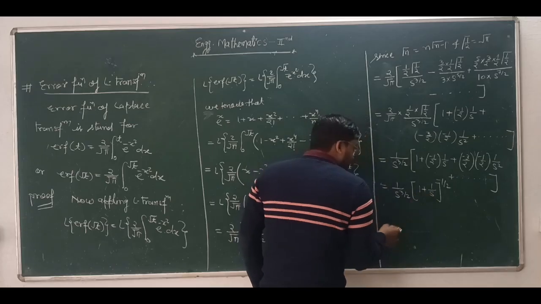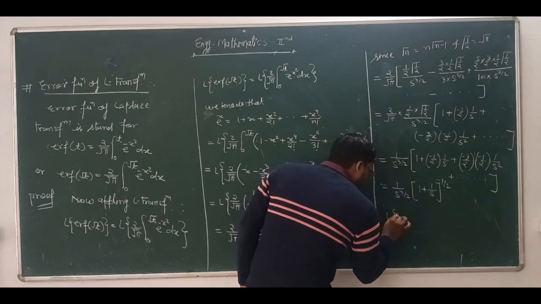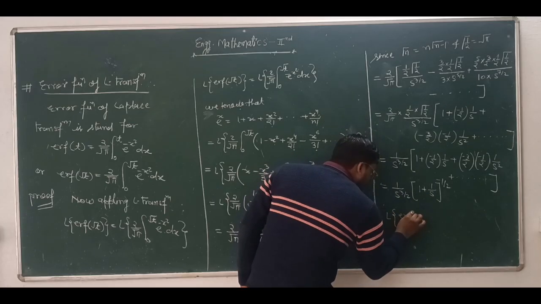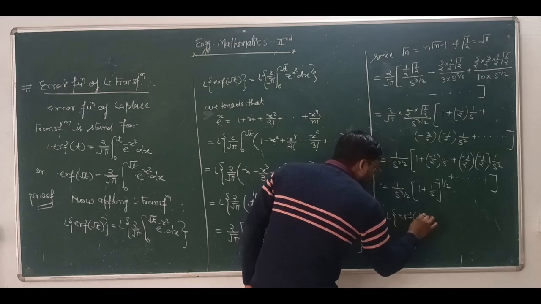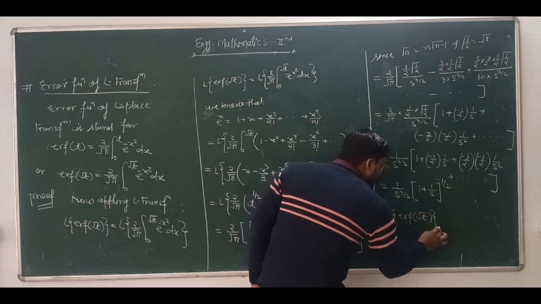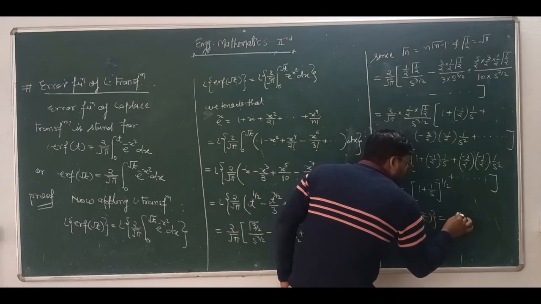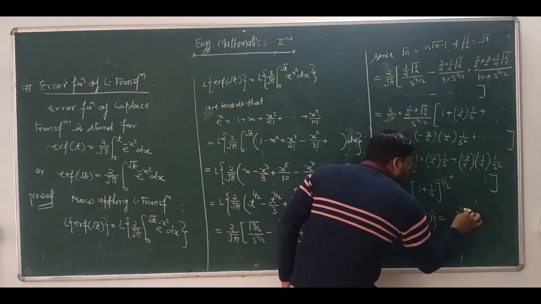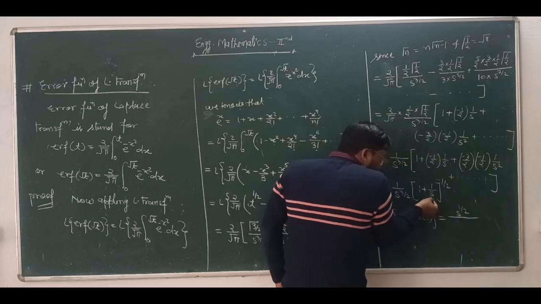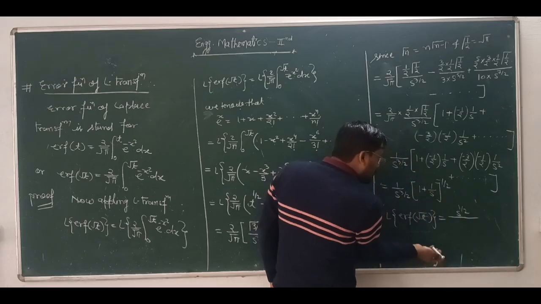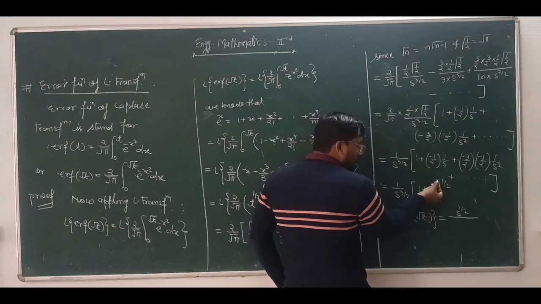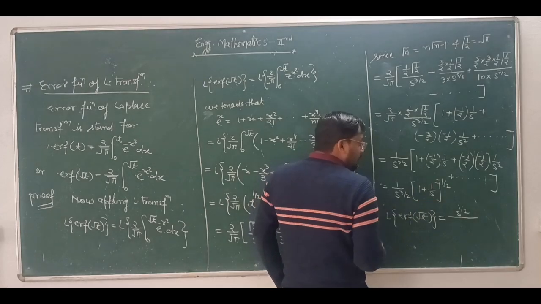You can solve this function. Laplace of error function root t is equal to, you can solve, s to the power 1 by 2. Now numerator is opposite to denominator and denominator is opposite to numerator, since minus 1 by 2 is the power.